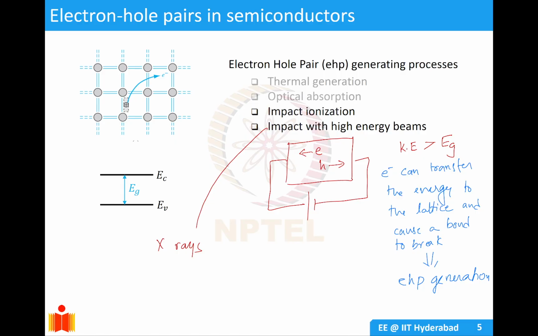So each electron has enough energy to cause multiple electron-hole pair generations by transferring the energy to other electrons to break the bond.